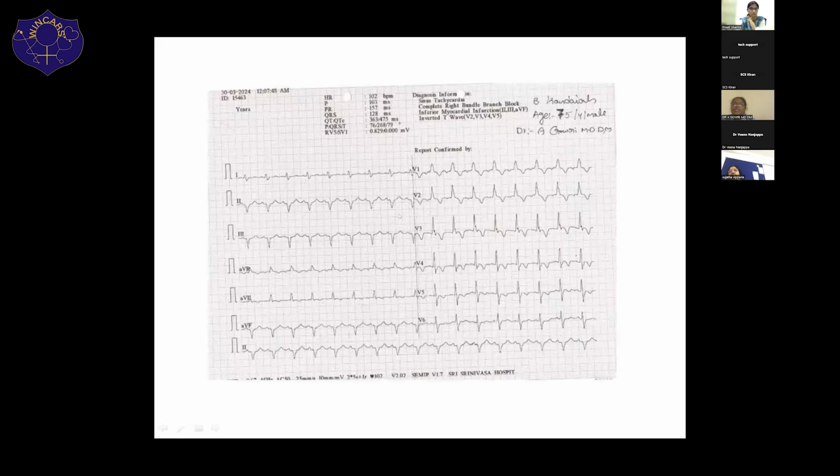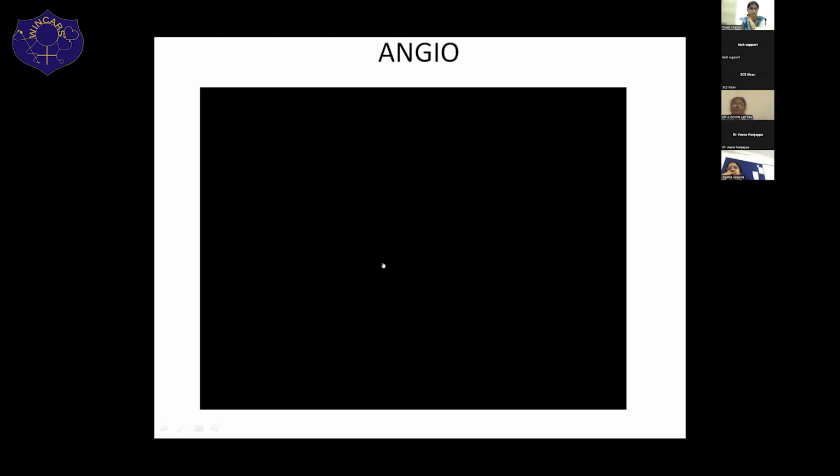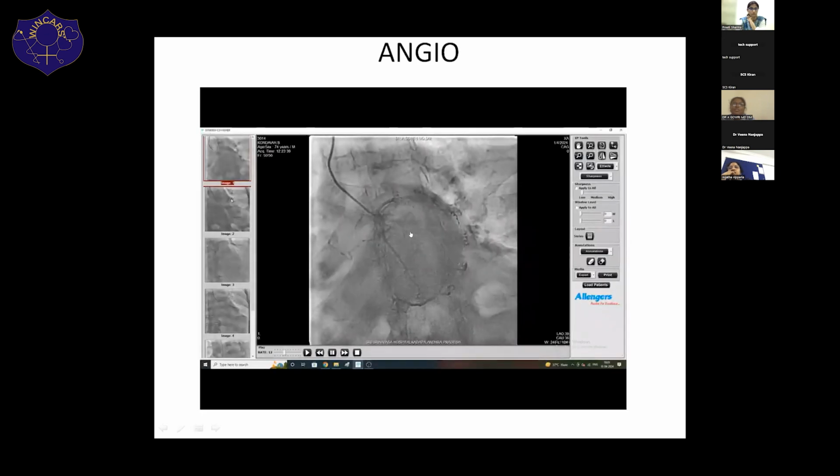So this is the ECG that the patient presented with. The next day we did an angiogram for this patient, and this shows that the LMCA is almost totally occluded and the thrombus or lesion is extending into the LAD. The LCX also seems to be involved, and the system seems to be calcified. OM was also involved, and RCA was very small.